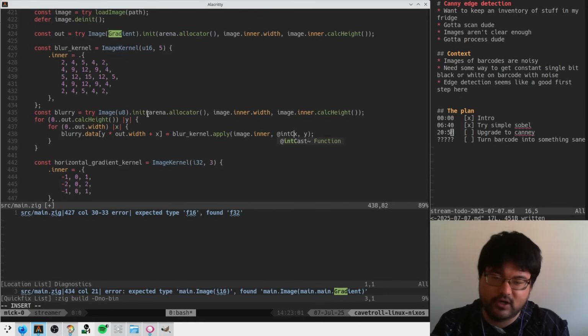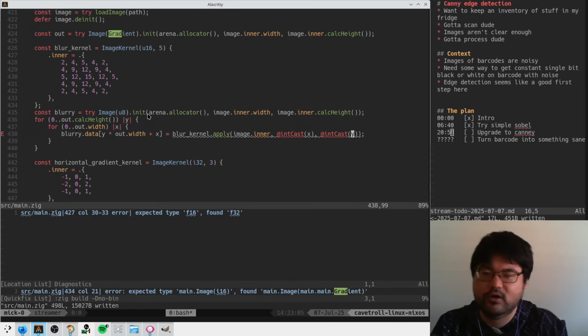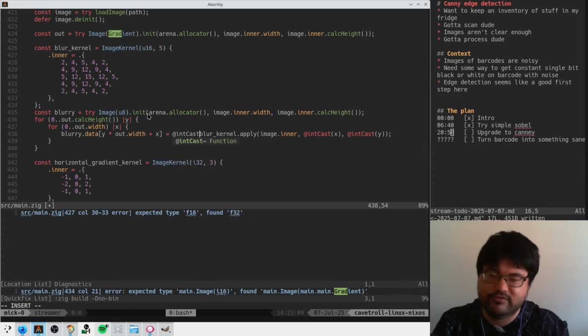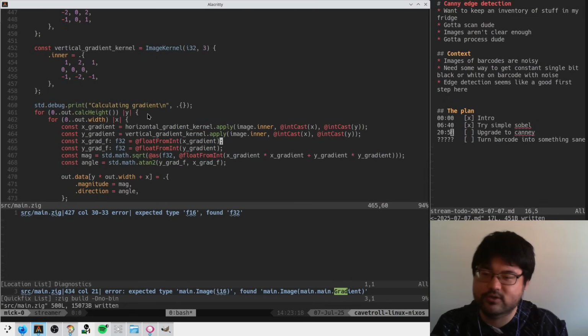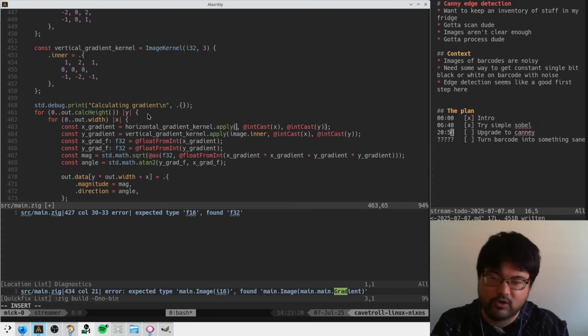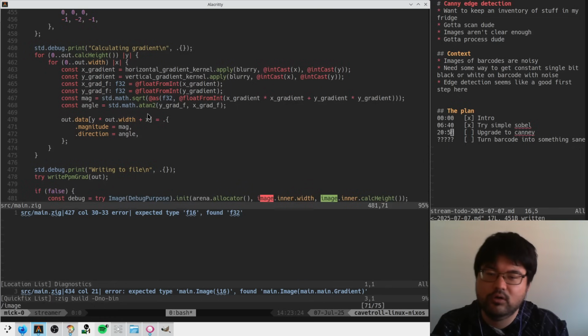It needs an int cast on here. Gross, but whatever. And then this needs to be divided by whatever number they said, 159. And then it should fit in the U8. So now, when we're working on these, we're working on the blurry image, not the original. Cool.